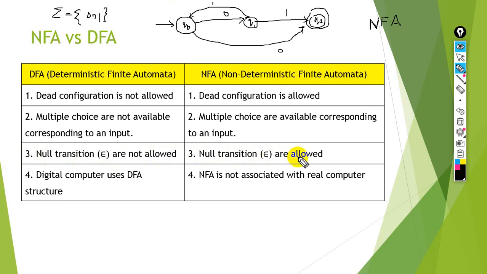Null transitions are allowed in an NFA. For example, here we take Q0, then 1, 2, for example I'm taking 3, 4, this is A, this is B, and this is for example 5, which is the final state.